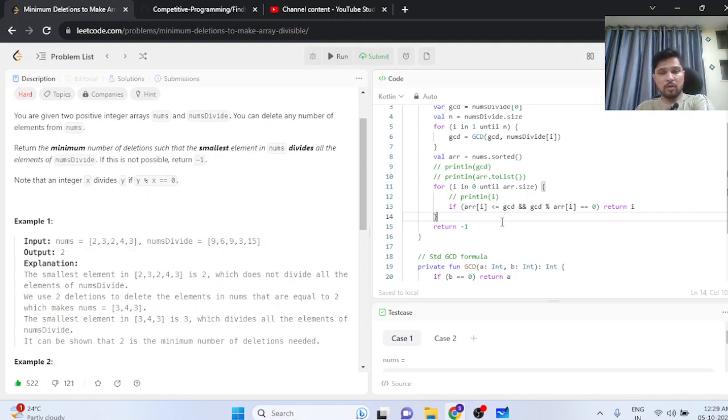If all the elements are greater than the GCD, then of course the answer would be -1. But if I get an element where GCD mod nums of i is equal to 0, then I just have to return that index value. It means whatever elements you have at the left, because this nums array is sorted, that's going to be your answer. So that's the solution of this problem.